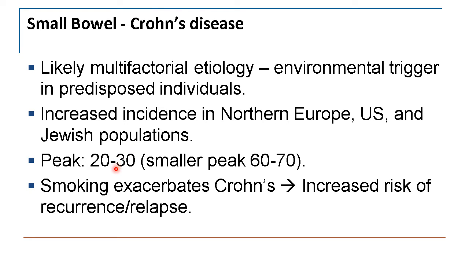There are two peaks. The major peak is in the 20s to 30s, and the smaller peak is in the 60s to 70s years. Smoking is associated with increased risk of recurrence and relapse.